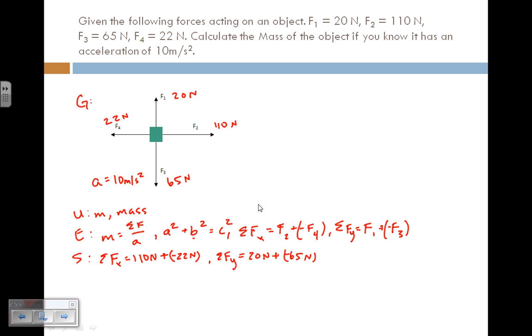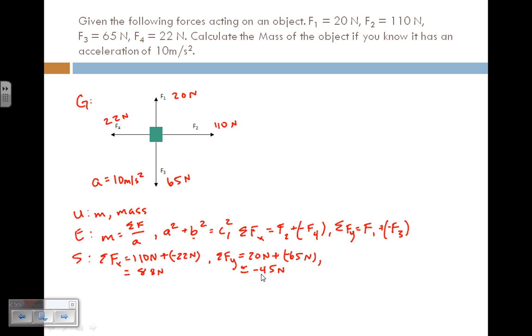And we'll have to solve these before we can move on to the Pythagorean theorem, so let's go ahead and do that. So the 110 newtons plus a negative 22 newtons will give you 88 newtons. And then 20 newtons plus a negative 65 newtons will give you negative 45 newtons.